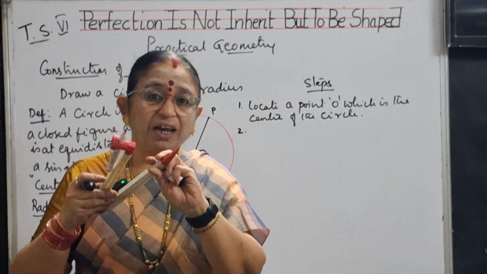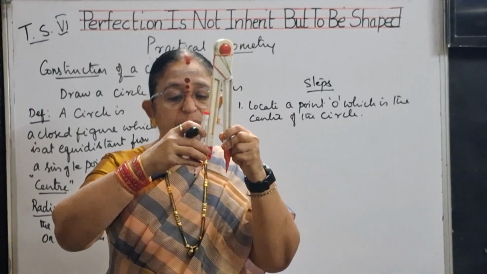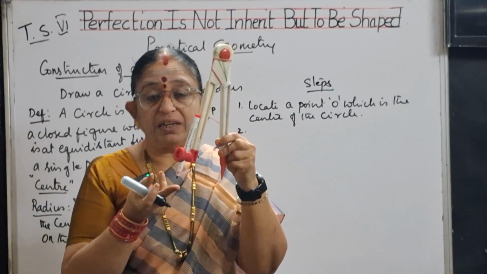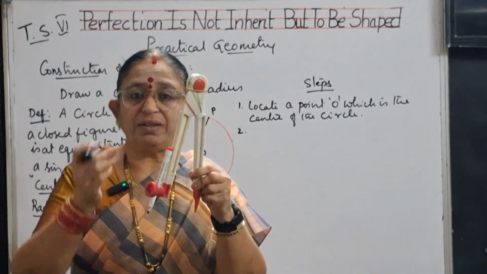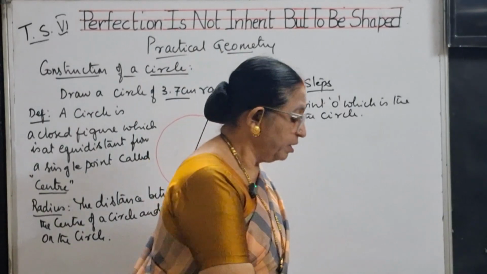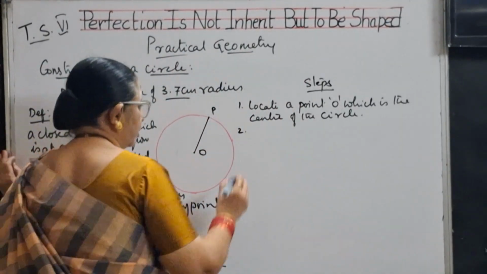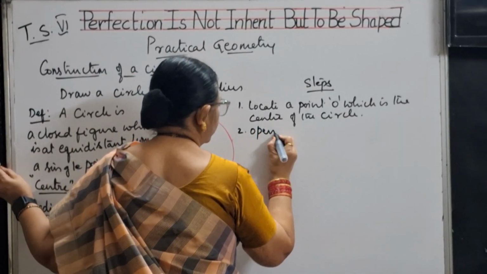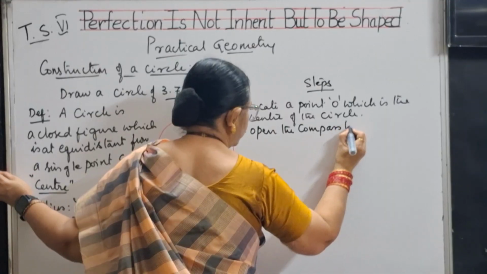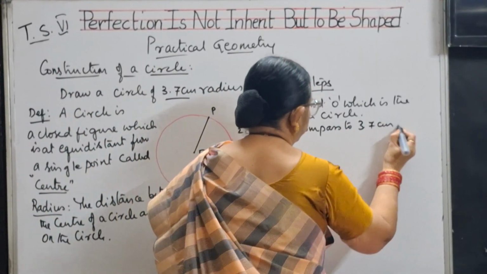Means keep this needle upon the zero of the scale and pull it like this till this edge of the pencil touches 3.7 centimeters. Then this becomes the radius of 3.7 centimeters. So the next step is, open the compass to 3.7 centimeters.